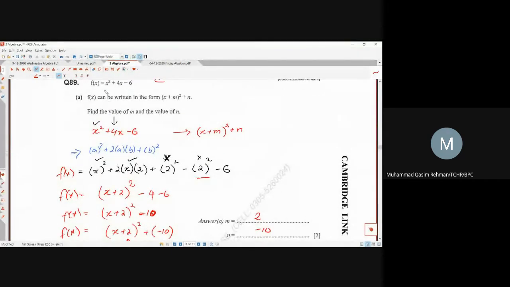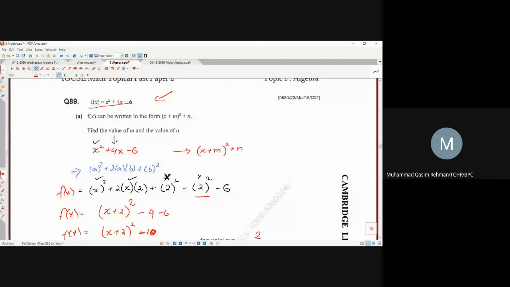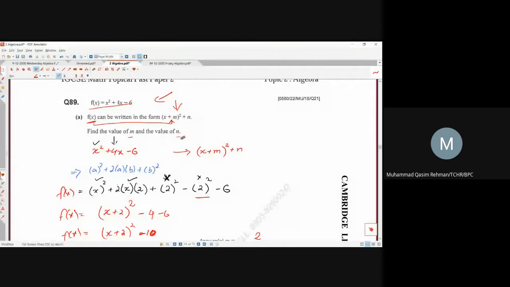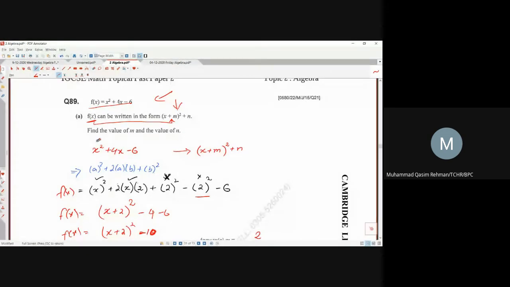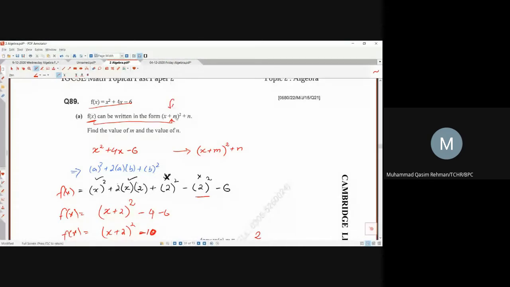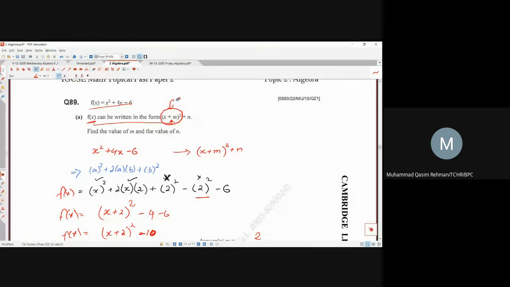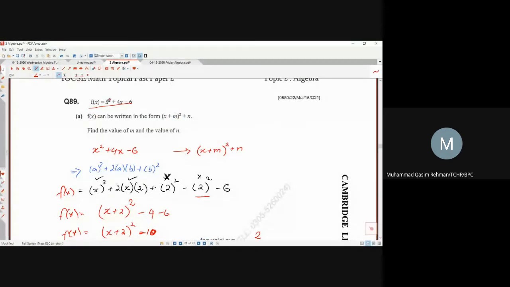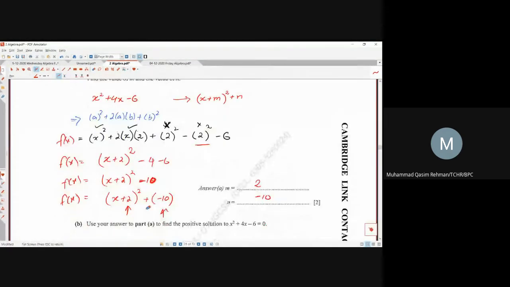Okay, now the question was, this is the given function, and the examiner wants you to rewrite the given function into this particular format. And once you achieve this format, tell the values of m and n. So it's nowhere written that you have to use completing the square, but you just have to use your basic concepts and instincts, because this particular format, x plus m whole square, can only be achieved by using the completing the square method.